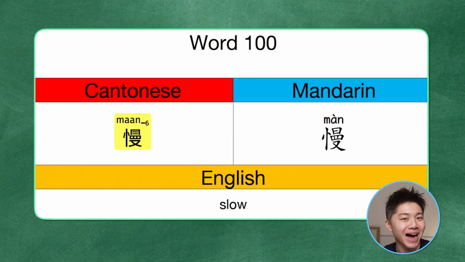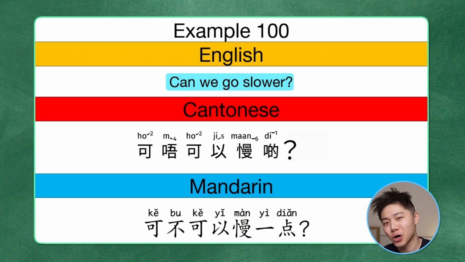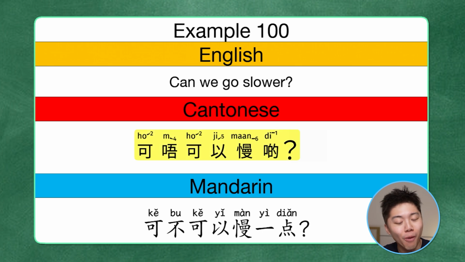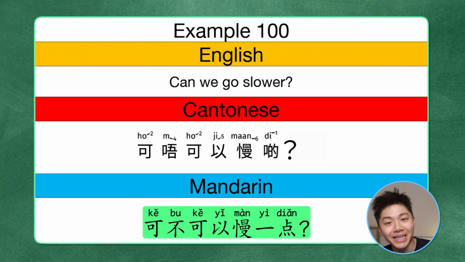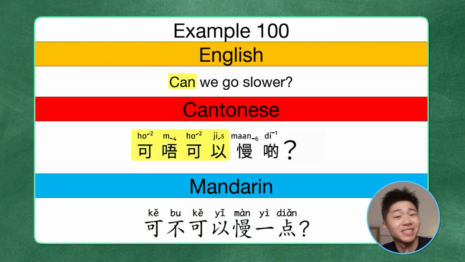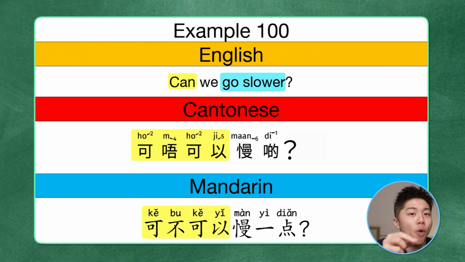In Cantonese, 慢. In Mandarin, 慢. So for example, can we go slower? In Cantonese, 可唔可以慢啲? In Mandarin, 可不可以慢一点? 可以 means can. 可唔可以 means can or cannot, just like that earlier way of asking questions: can we go slower or can we not go slower? 可唔可以 becomes 可不可以, because remember that 唔 for no becomes 不.